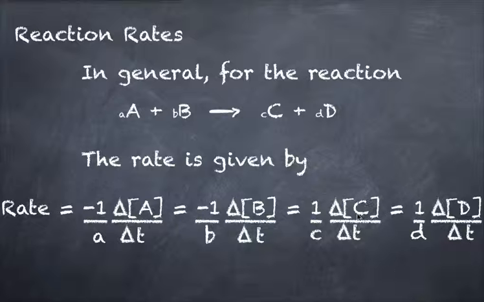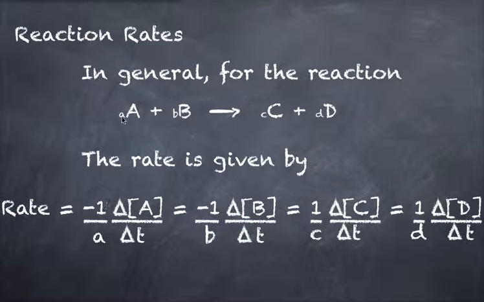So I'm going to set them equal to each other, and by doing that, I'm going to divide by whatever the coefficient is. If the coefficient is 1, like it was on the reactants of the first, I divide by 1, no big deal. But if the coefficient is something else, then I'm going to divide by that number. Okay, so let's look at this.